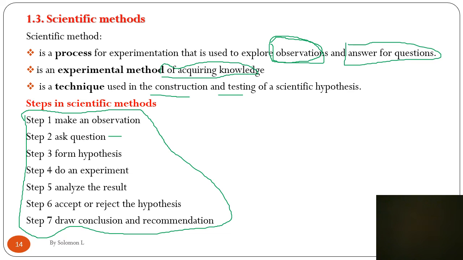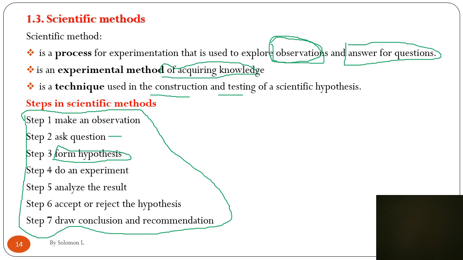Therefore, the second step is to ask a question. Then, we may hypothesize for such a question. We may guess why such problems happen. So the third step is to form a hypothesis.